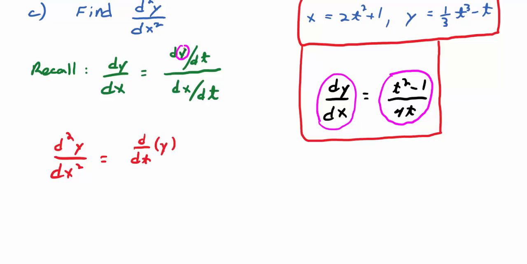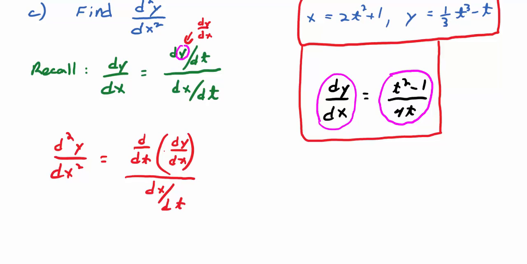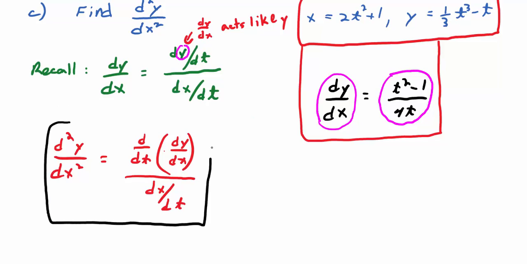So we're not going to have this y here. Instead of having that y, just substituting the first derivative in, you get d/dt of dy/dx. That's on top. But then the denominator stays the same, just dx/dt. In other words, long story short, what's acting like y is dy/dx. dy/dx acts like y. So this is your formula that you can use to find the second derivative.